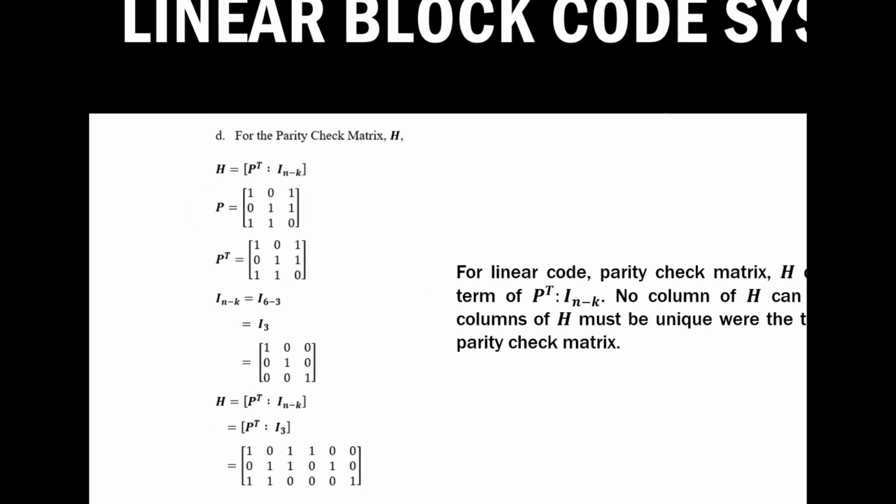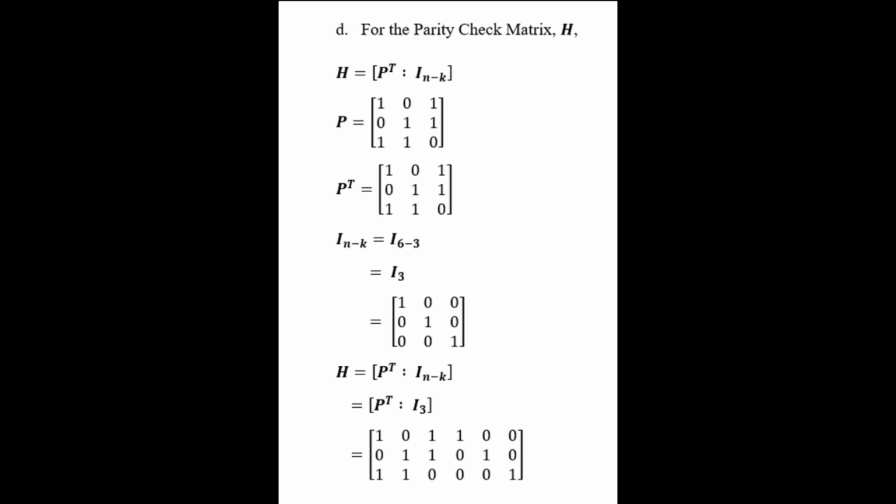For the parity check matrix of the linear block code, the parity check matrix is expressed as H, which equals the combination of the transpose of the parity array portion of the generator matrix with the identity matrix of n minus k. From the generator matrix given by the question, the parity array portion P was 101, 011, 110.